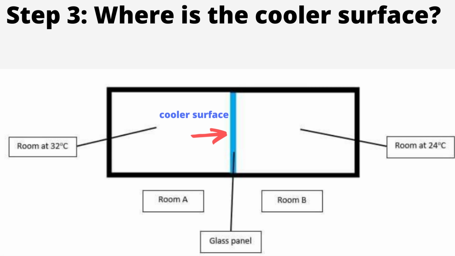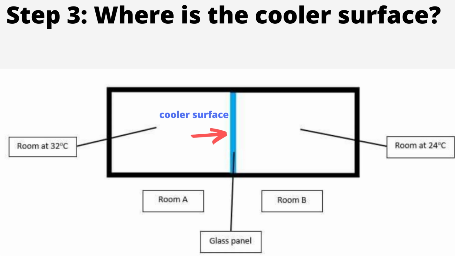Next, if we know that the warmer water vapor comes from room A, then it needs to come into contact with a cooler surface. So where is the cooler surface? Obviously, it is the glass panel. On which side of the glass panel would that be?